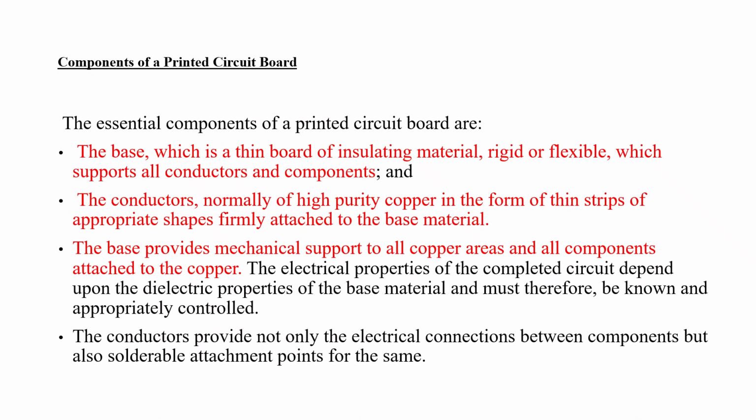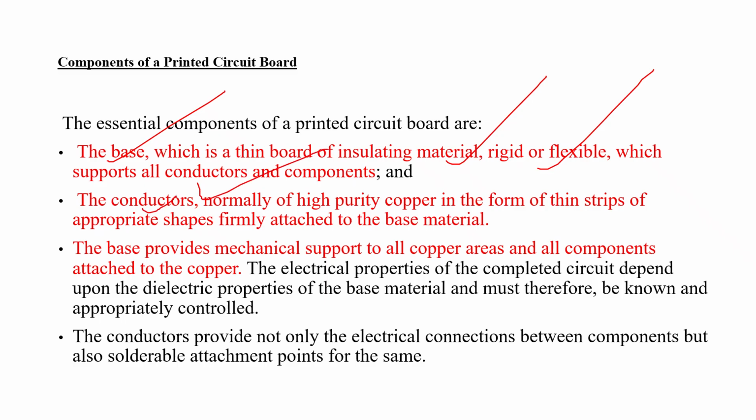Now let's continue. What are the components of a PCB? The essential components: first, the base, the material that will provide the support, which is a thin insulating material. It may be rigid or flexible, and it will also support the conductors and components. Then the conductors.